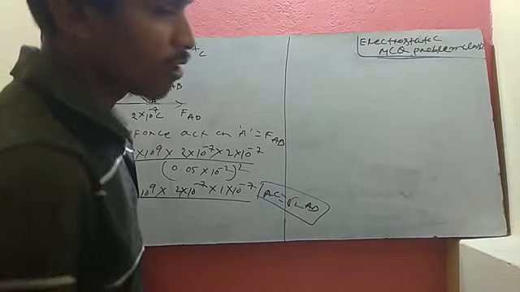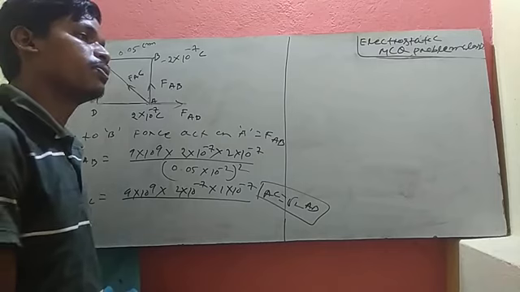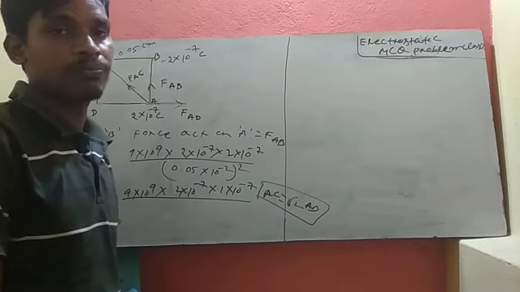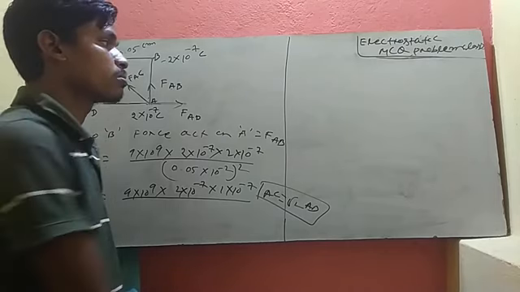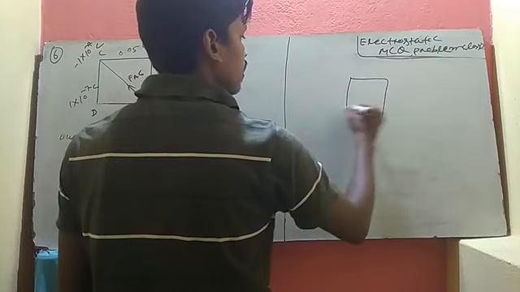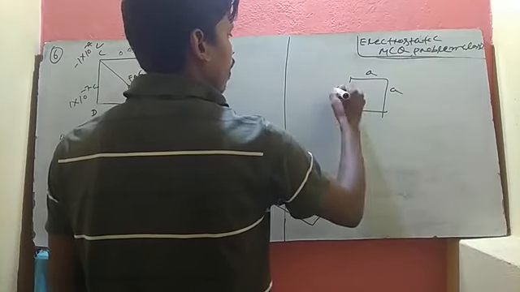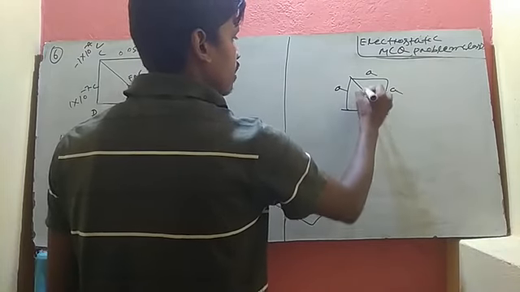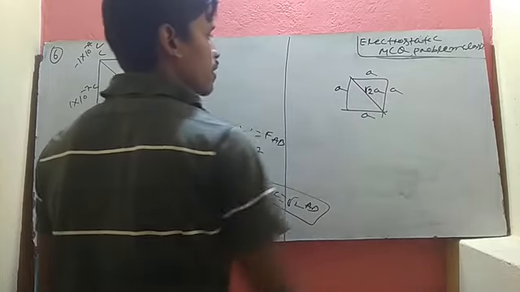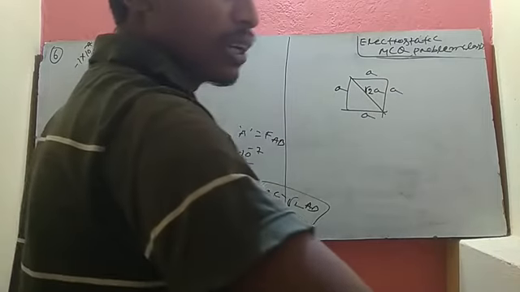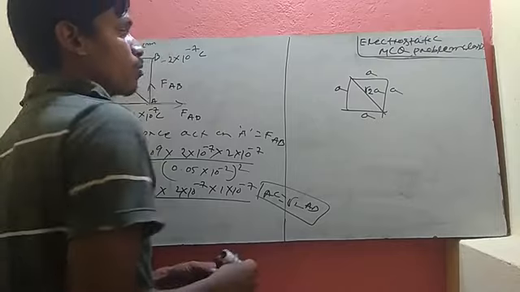What is the magnitude of the diagonal of a square? If the side of the square is a, then the diagonal is root 2 into a. This is the formula of the diagonal of a square.